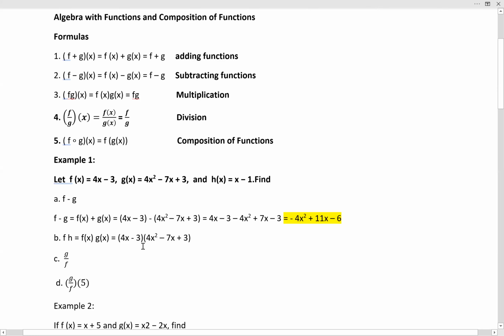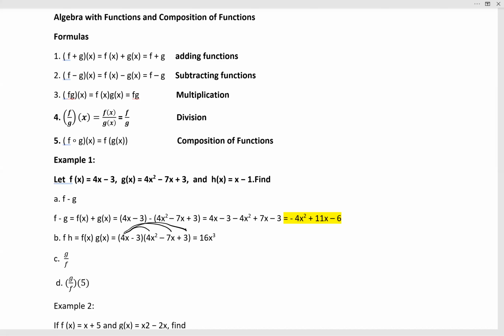Okay, so now you need to do distribution for this. Let's do 4x first. So 4x times 4x squared, times negative 7x, and then times 3, right? So 4x times 4x squared is going to be 16, x times x squared is going to be x cubed, right?